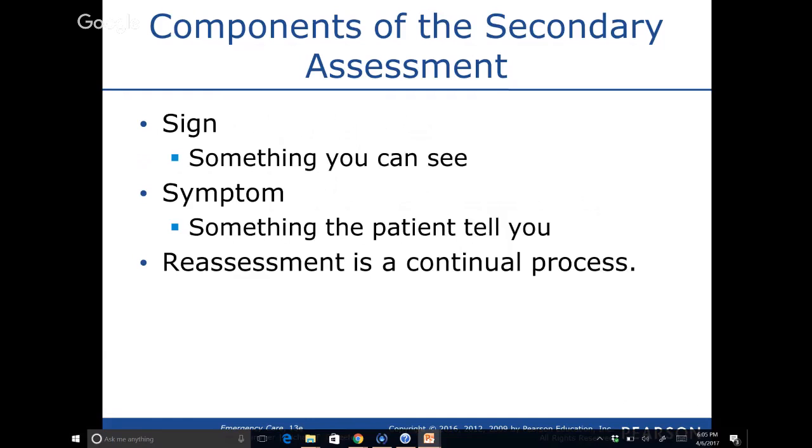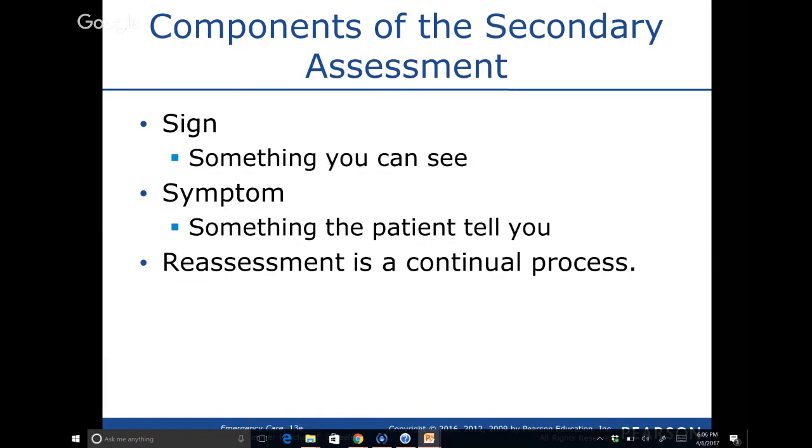And then vital signs. A sign is something that you can see. Can I see a pulse? Yes, and that is a vital sign. But anyway, a sign is something that you can see.